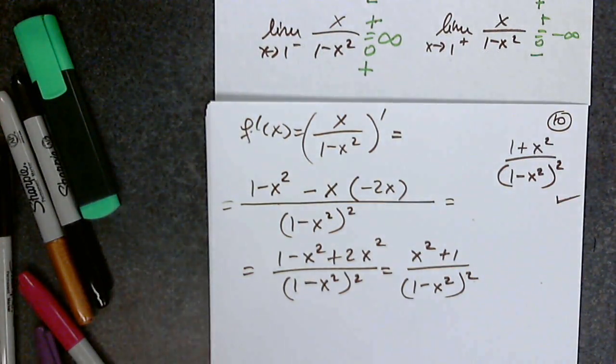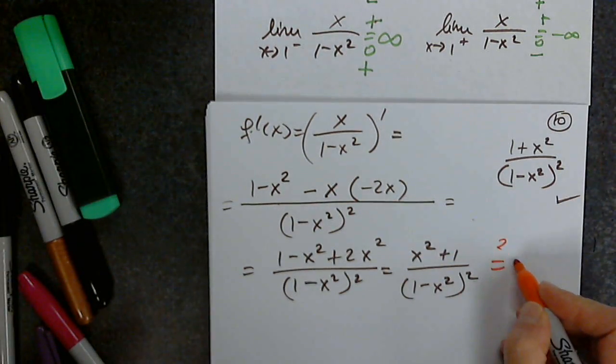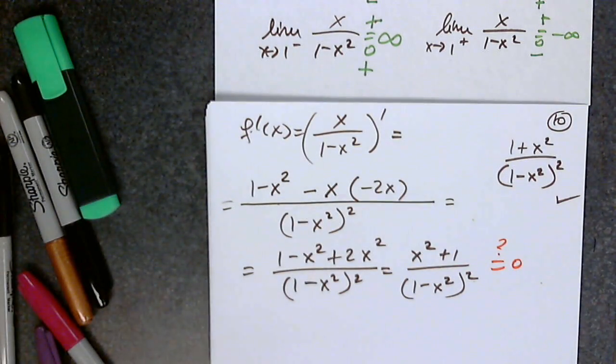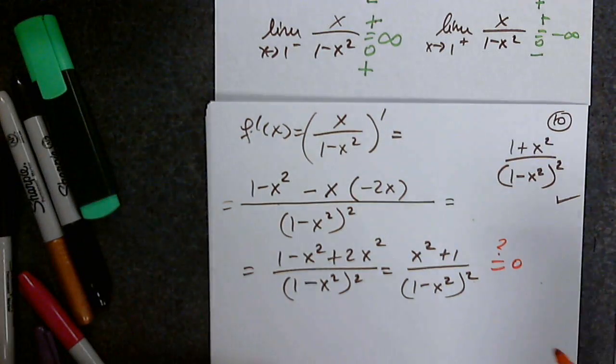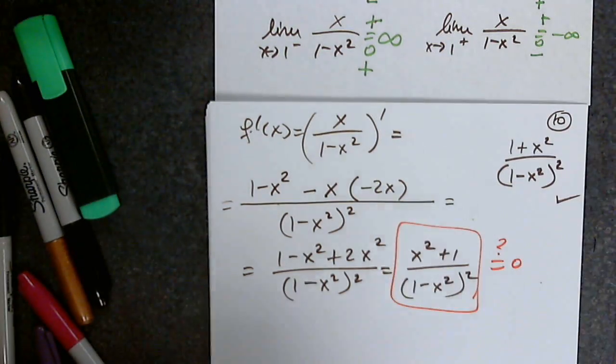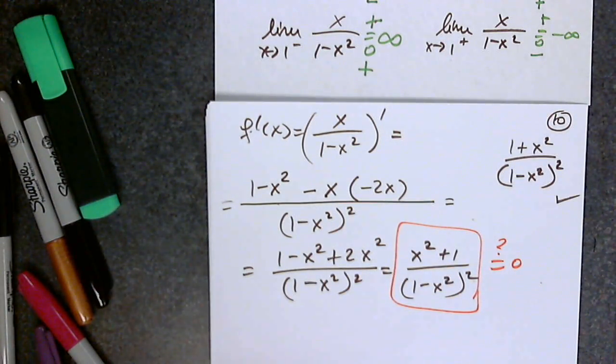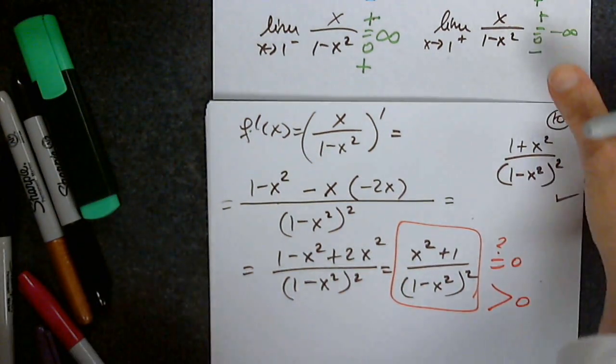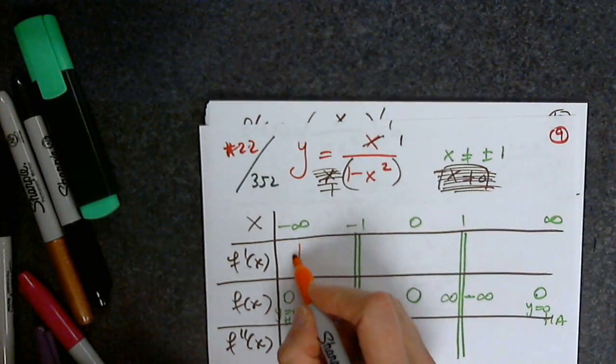Okay, now the question is, is this ever 0? No, because 1 plus x squared is never 0. X squared plus 1 is always a positive number, so it cannot equal 0. So then, can anyone establish the sign of this expression? Always positive.